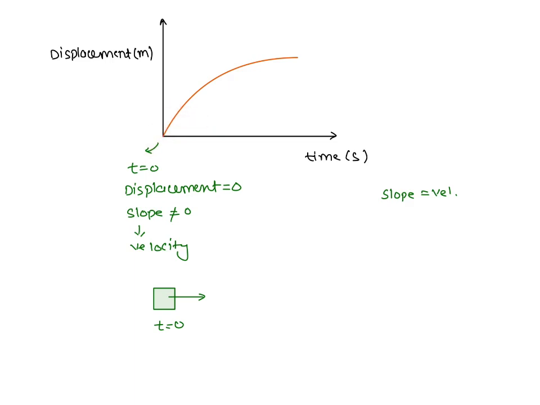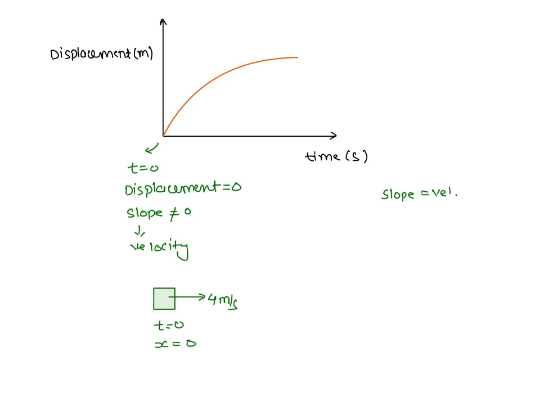But here I am assuming it just for the sake of explaining this question. I am assuming the velocity to be 4 meter per second. So that particle initially is moving with 4 meter per second, and I am taking this point to be the origin. That means x is equal to 0.